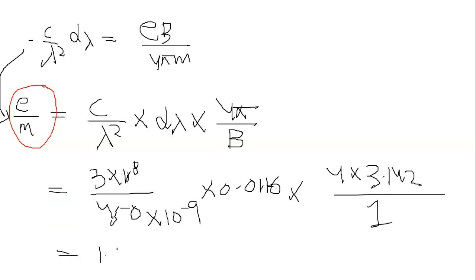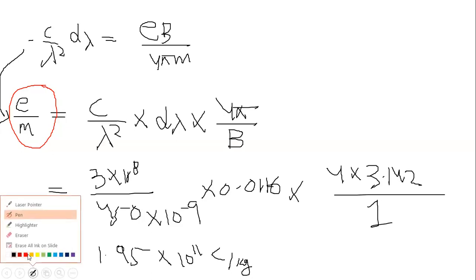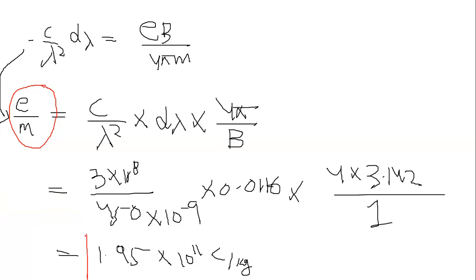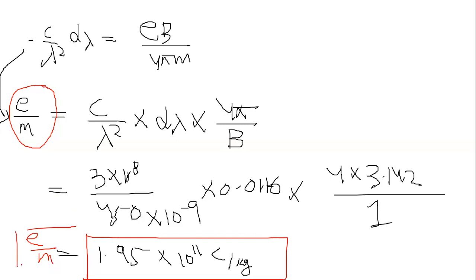It will be 1.95 into 10 to the power 11 coulomb per kg. So this is the desired value of E by M, that is charge and mass ratio.